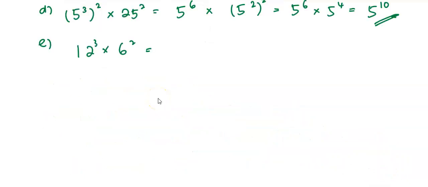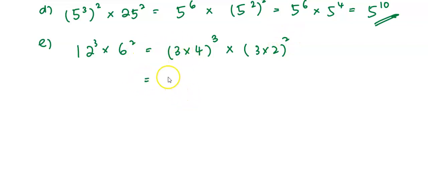For question E, it is slightly different from the previous questions A to D, because 12 you can change into 3 multiplied by 4, and this is going to be power of 3. Multiply by 6, which can be converted into 3 multiplied by 2, and this is going to be power of 2.